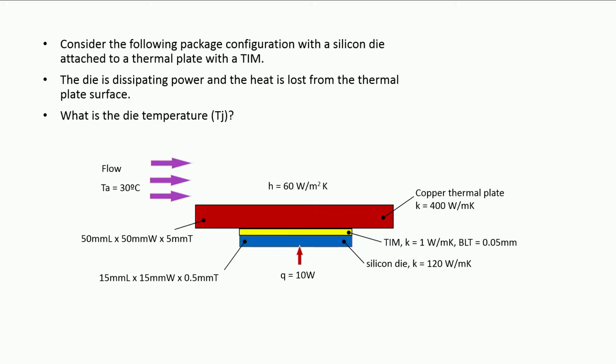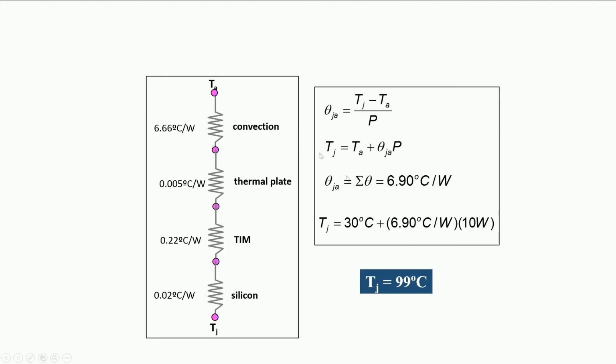In such a case, we did a very simple analysis where the thermal resistance of the copper plate was also taken as L over Ka. But actually, just to give you an analogy, think of water flow through a pipe. You have a thin pipe and then suddenly there is a junction and the diameter of the pipe increases.